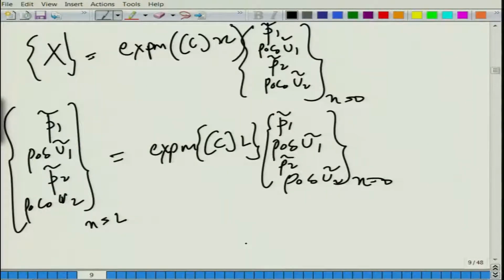Now, in transfer matrices we usually relate things that are upstream to those at the downstream.